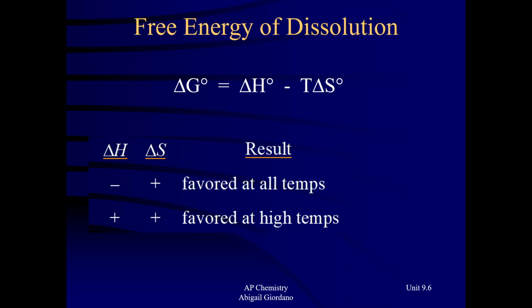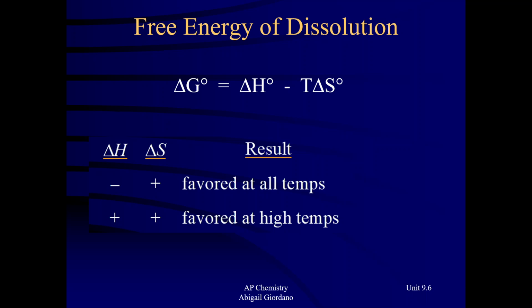This chart in front of you should look familiar. We saw this back in 9.3. As I said, the dissolution process is almost always going to have a delta S that is positive. Now, the column in front of you that says delta H, remember that in this circumstance means the delta H of all three of those enthalpy steps added together in the dissolution process.